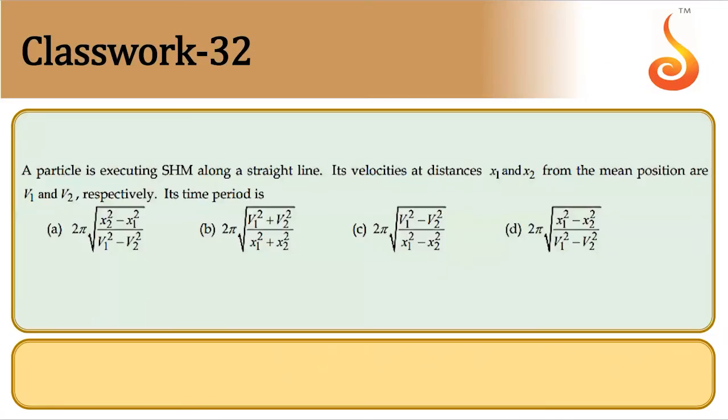A particle is executing SHM along a straight line. Its velocities at distances x1 and x2 from the mean position are v1 and v2 respectively. Its time period is? Shall take it to the next slide.